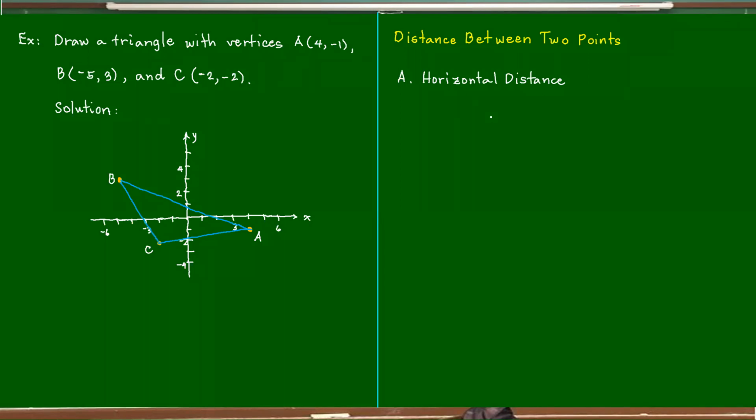So let's say I have this segment, and I want to know the length of this segment, meaning the distance between this point A and this point B. Let us assume that this is x sub 1 and this is x sub 2. If you get the distance between points A and B, all you have to do is get the difference between these two coordinates, okay?